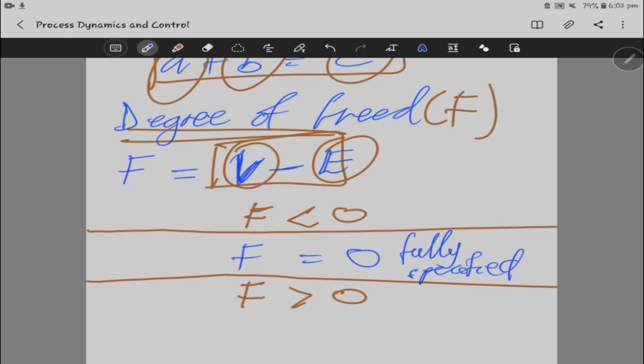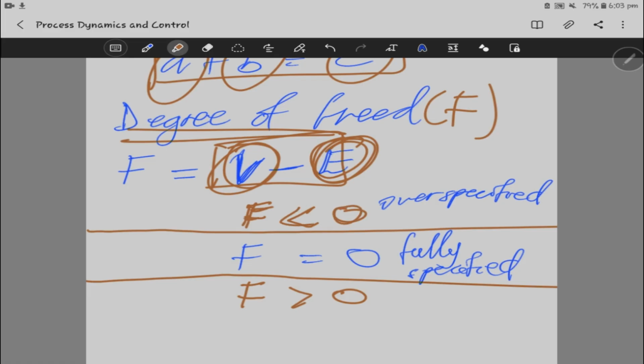If we have the degree of freedom less than 0, then that will mean that the system is overspecified, and we'll talk about that. What that means is that the number of equations is way more than the number of variables, so you end up getting the degree of freedom less than 0.